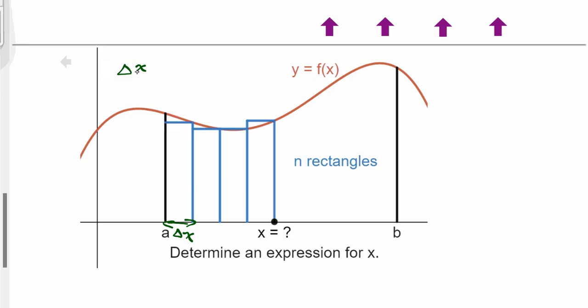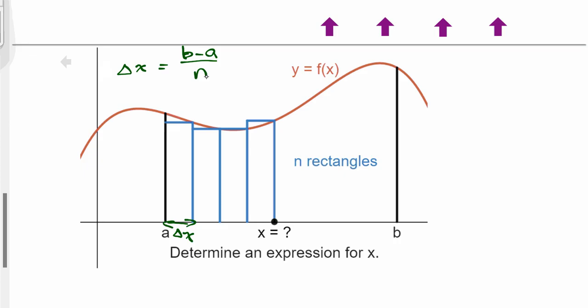X over n? Not quite. X2 minus X1. Yeah, so b minus a over what? How many rectangles? N rectangles in total, so that's going to give me a formula for the width. Okay?